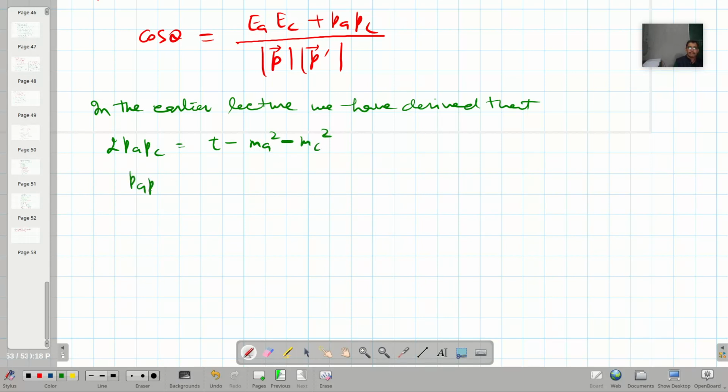So PA PC can be written as T minus MA square minus MC square whole upon 2. This is equation number 13 and this is equation number 14.